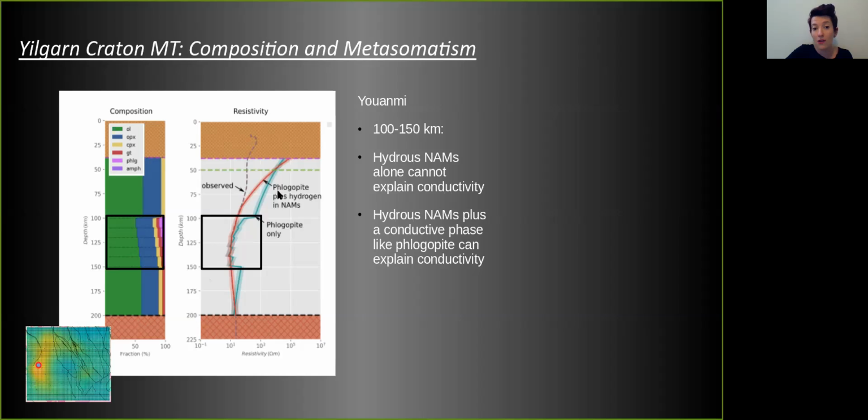The blue curve here is just including phlogopite in with the olivine and pyroxenes. And then in the red curve, I've also added some hydrogen into those nominally anhydrous minerals to really fit the data. Importantly, the Yuanmi requires an additional conductive phase to explain the conductivity structure.